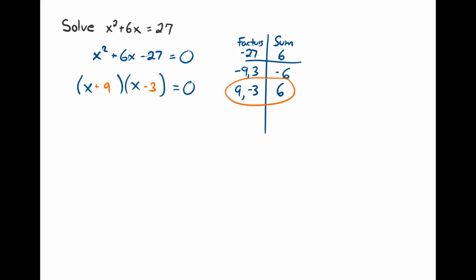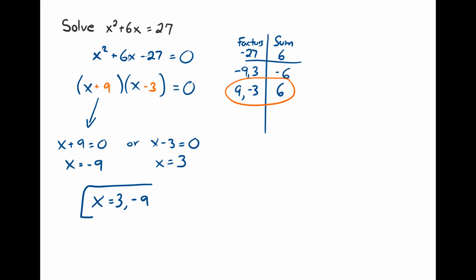By the zero product property, the solution here is either x plus 9 is equal to 0 or x minus 3 is equal to 0. Solve each of those and you get x equals negative 9, x equals 3. Once again, two solutions, x equals 3 and negative 9. You should continue to expect two solutions whenever you're solving a quadratic.